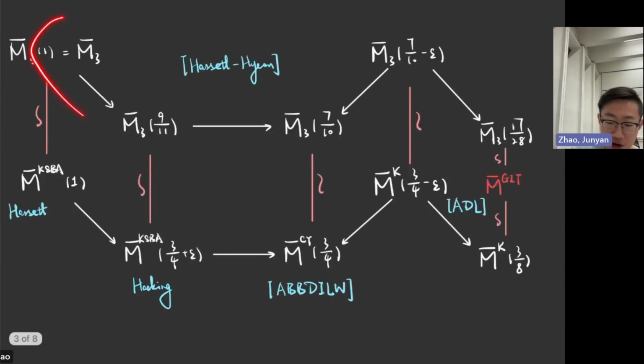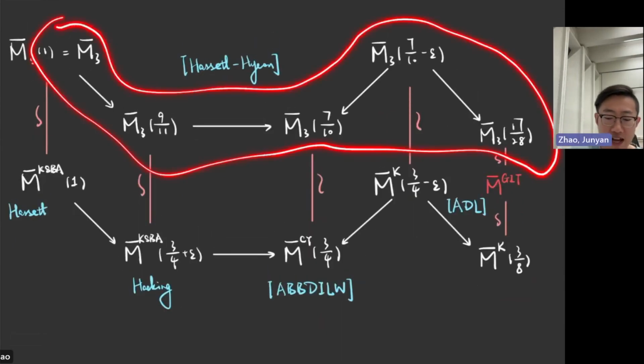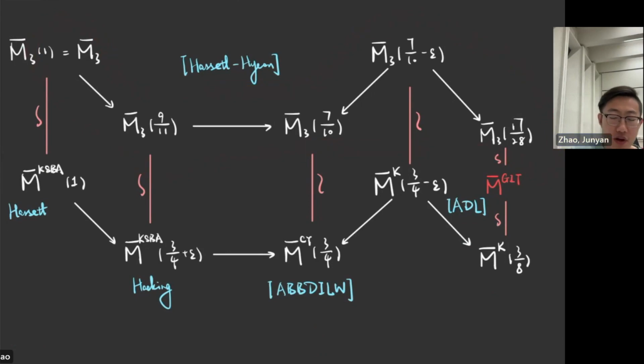For the genus 3 case, we have a very nice picture. On the bottom, we have the Hassett-Keel models, and as I said, they depend on the choice of alpha. When you vary alpha, you get different models. When alpha equals 1, you just recover M3 bar, the moduli of stable curves of genus 3, and you have the divisorial contraction to the moduli of Hilbert stable curves.